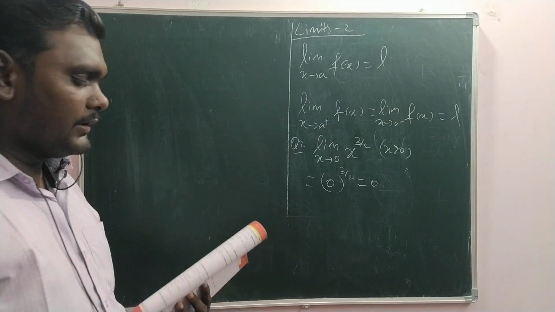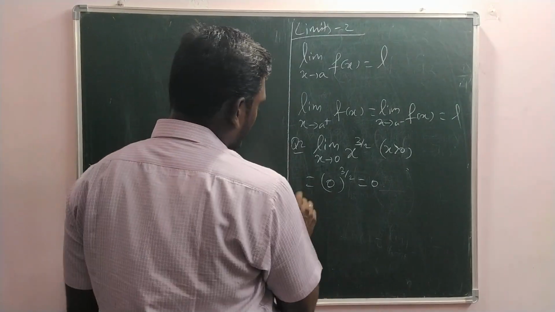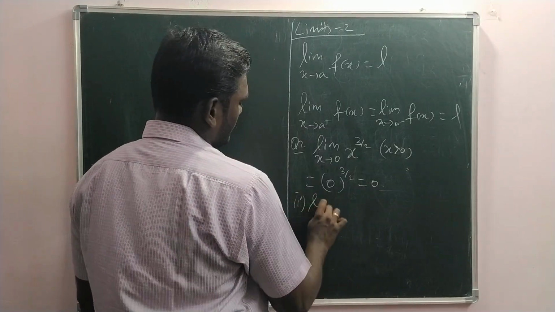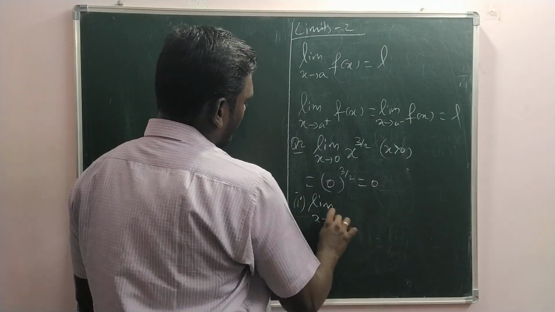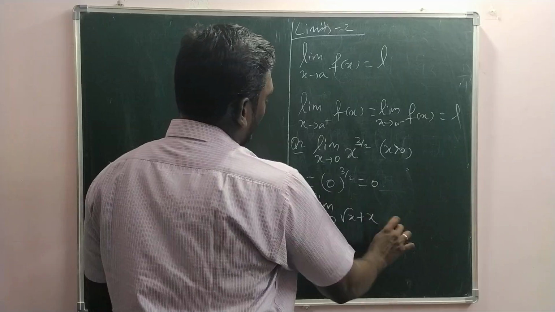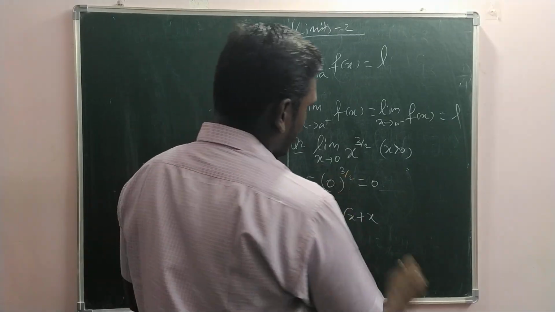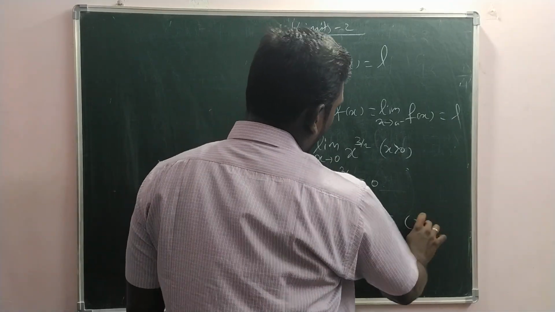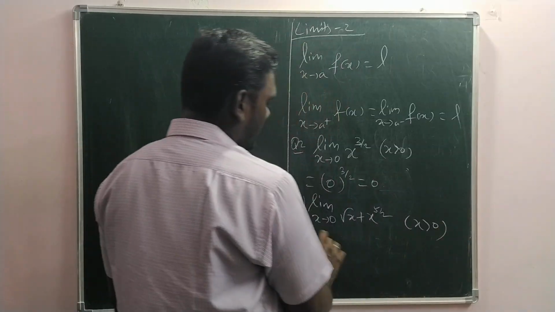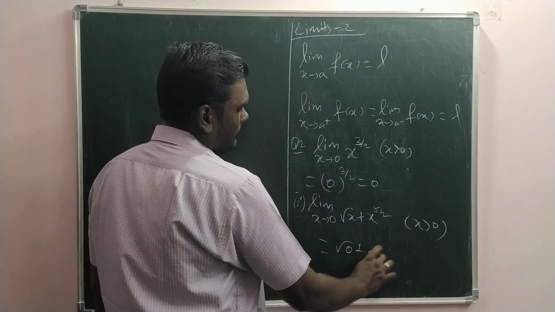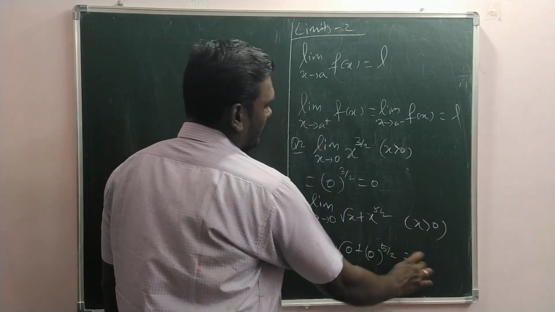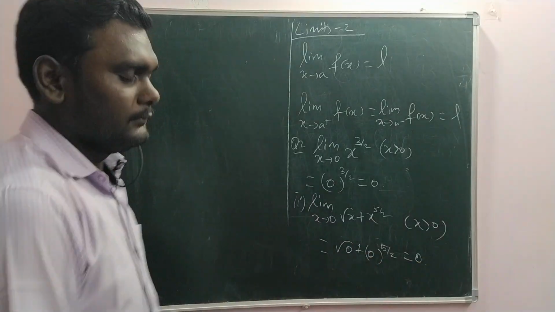The same way for the other question, limit x tends to 0, root x plus x power 5 by 2. Here also x is greater than 0. Now here that means root 0 plus 0 power 5 by 2. So this is 0 again.